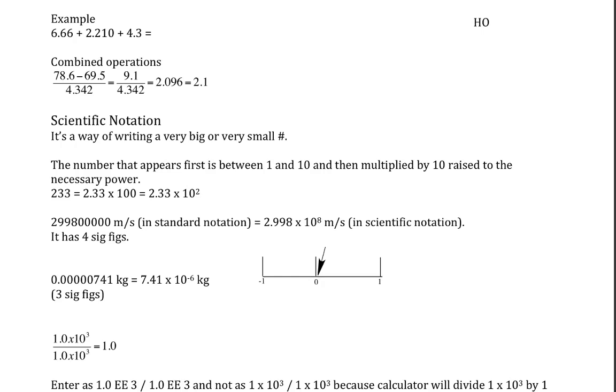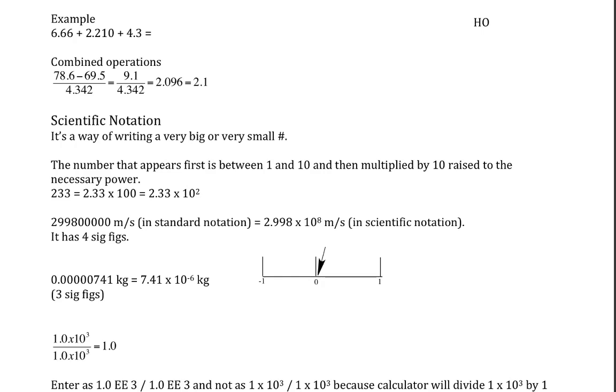They're all measurements, so we have to think about sig figs and so forth. So just as we would do the subtraction first, we do that and then we think about sig figs for it. So 78.6 minus 69.5, that gives us 9.1.